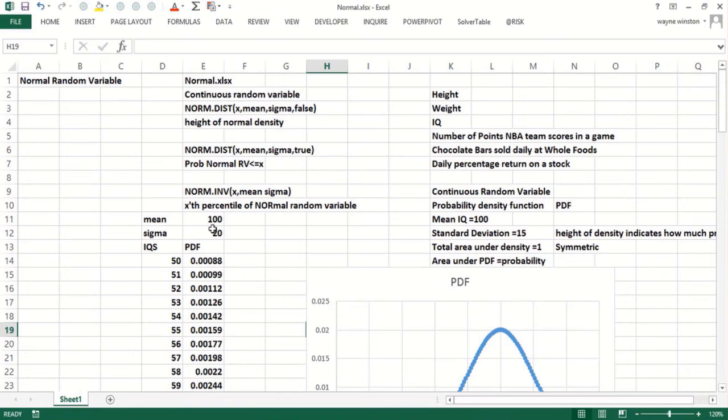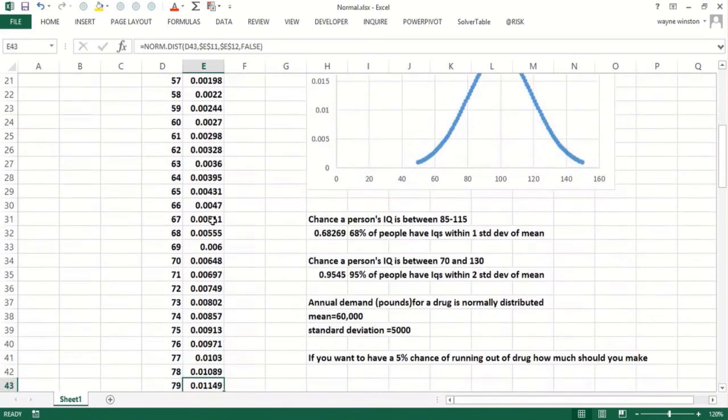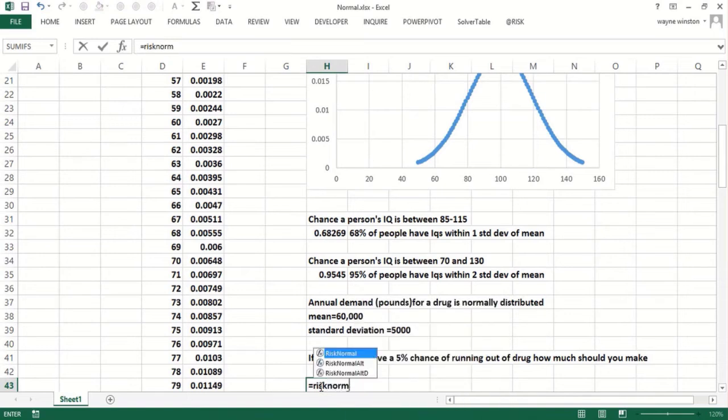If I put a 60 and a 5 here, well, that's going to mess up our beautiful picture. But basically, I can show you a normal random variable with a mean of 60 and a standard deviation of 5 using an add-in that we have, a great add-in called @RISK.